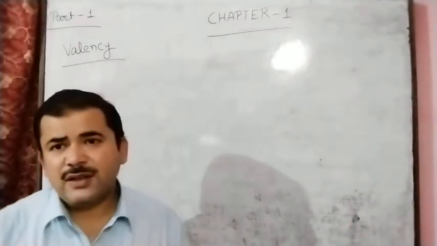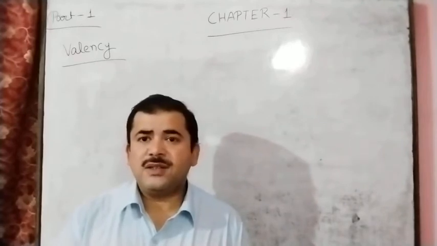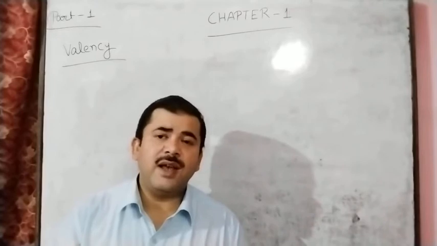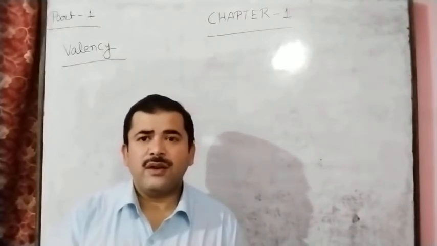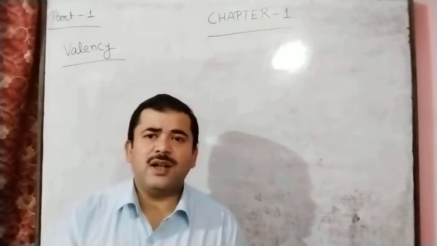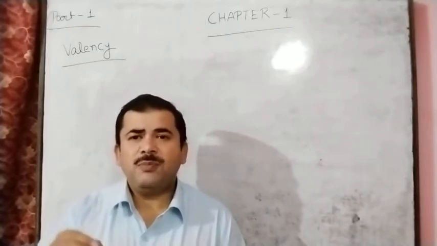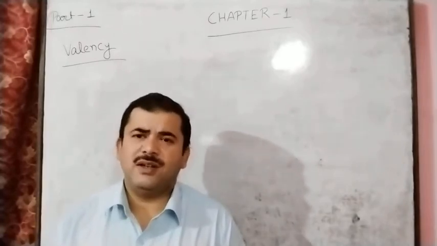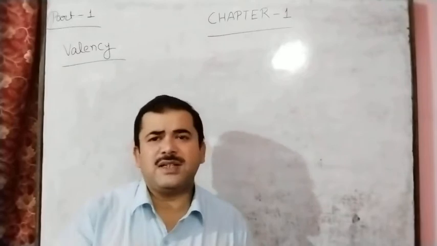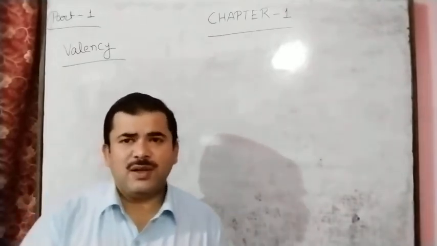We know that atoms are neutral, meaning the number of electrons equals the number of protons in an atom. But atoms are neutral, yet not stable. Only a few atoms are stable in the periodic table, and the others are unstable.